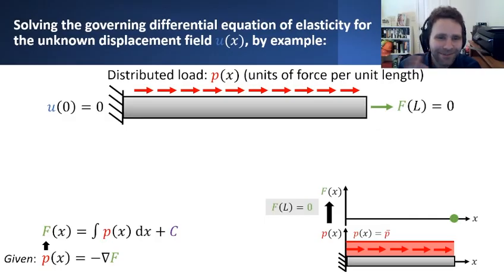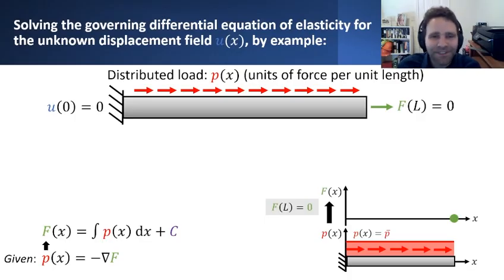That derivative of the internal force field had to be equal to basically the relative applied distributed load. So as shown at the bottom, we have our statement of pointwise equilibrium in this axial member, shown as P equals minus the derivative of the force field with respect to x.